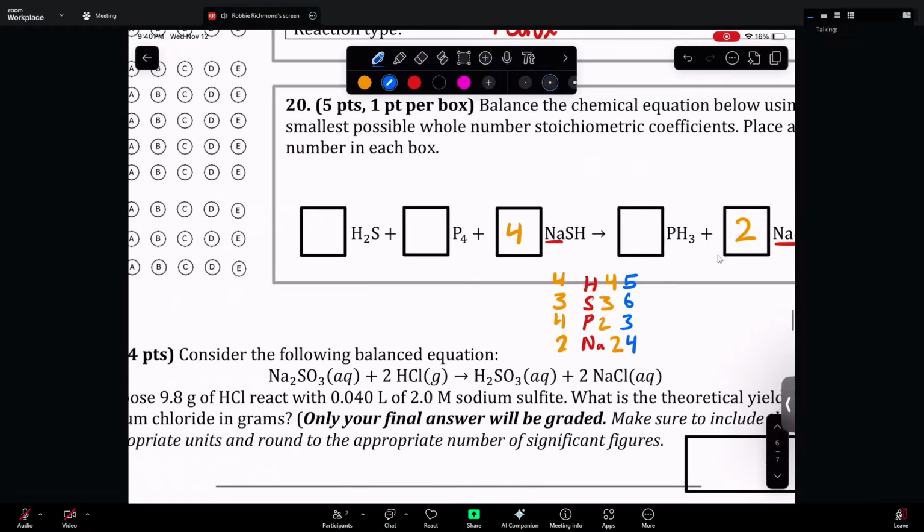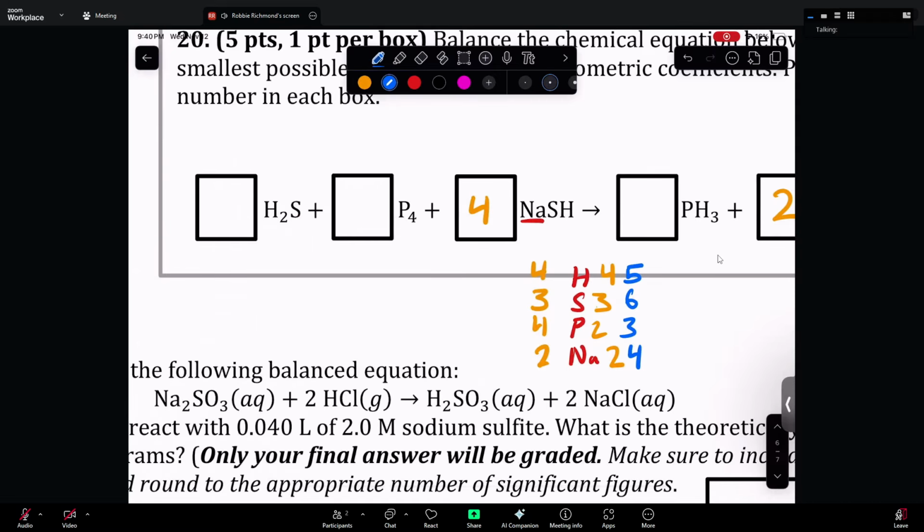Now in the product side, I have 4 sodium. Phosphorus, we still have 4. Sulfur, we have 5 sulfur.